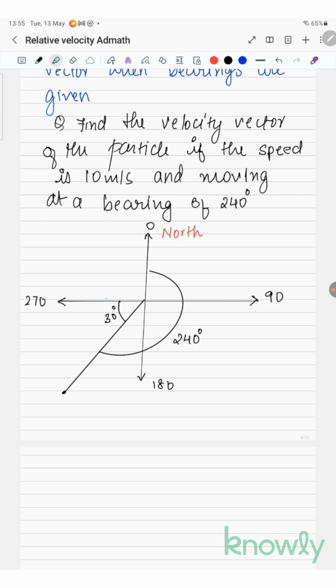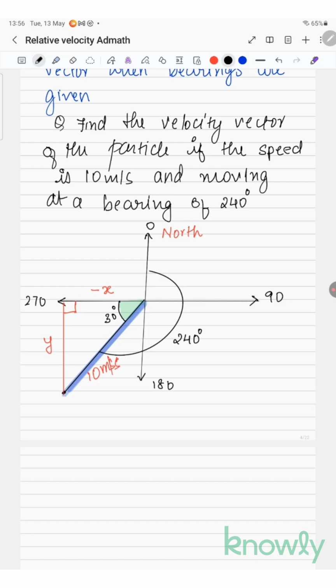We will always measure the angle from the x-axis. So this is my angle, and now the speed they have given is 10 meters per second. So this is the speed. Now I will join this, and this is minus x because it's on the negative side, and this is on the positive side.